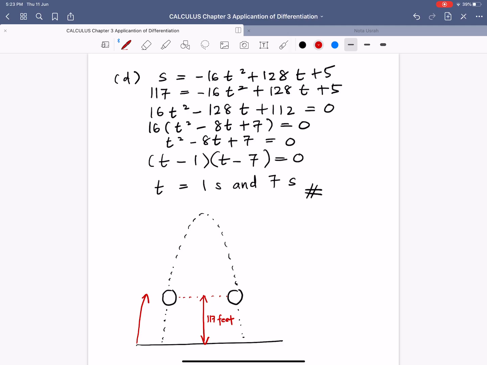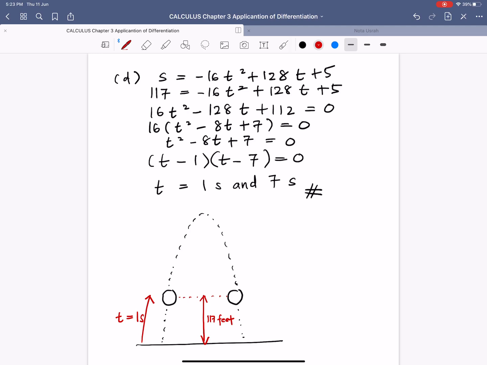The first time you throw the ball, the first time it reaches 117 feet, this is when t equals 1 second.